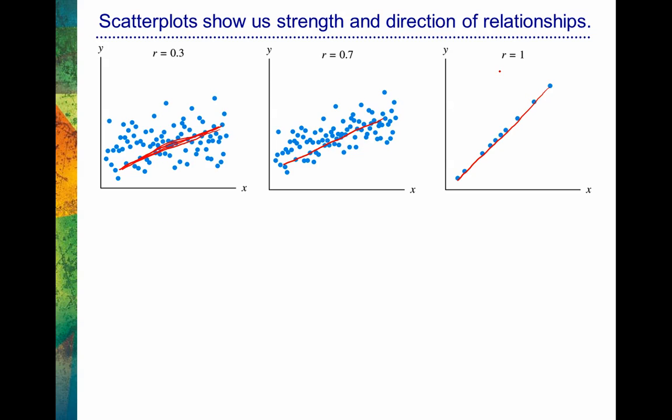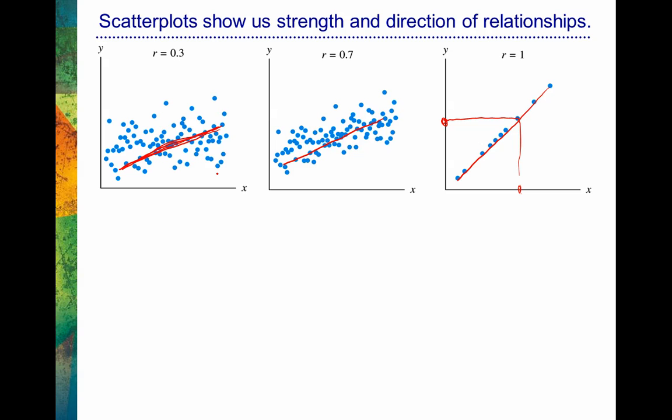So I have much better predictive ability with this trend line. If I know the value of one variable, I know the value of the other variable. That's what happens when I have a correlation of 1. I have perfect predictive ability. We'll talk more about that later. Again, we're just trying to assess the strength of the relationship right here.